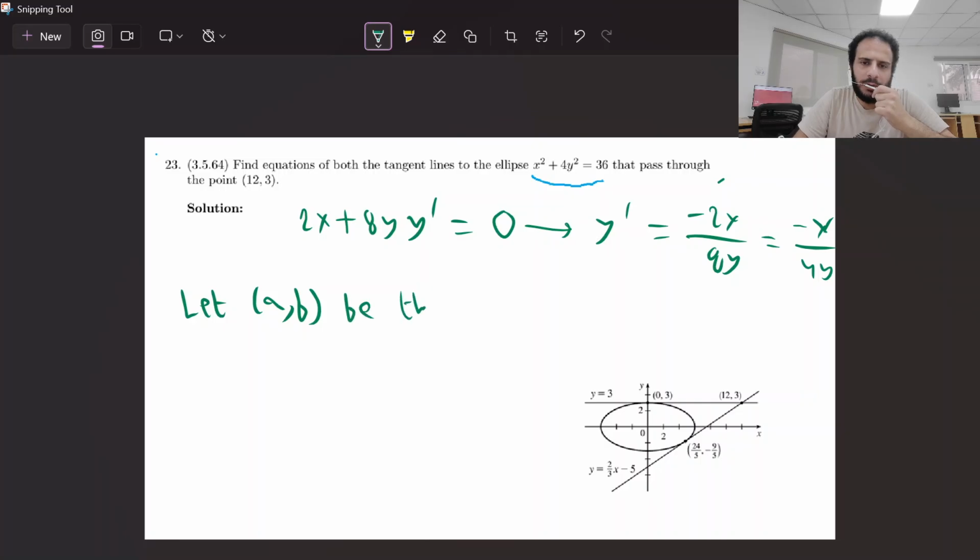Now next, we assume, let (a, b) be the point. Because we don't know the points that the tangent lines touch, we still don't know the exact points, so we assume it like this. So let (a, b) be a point on x squared plus 4y squared equals 36, right?